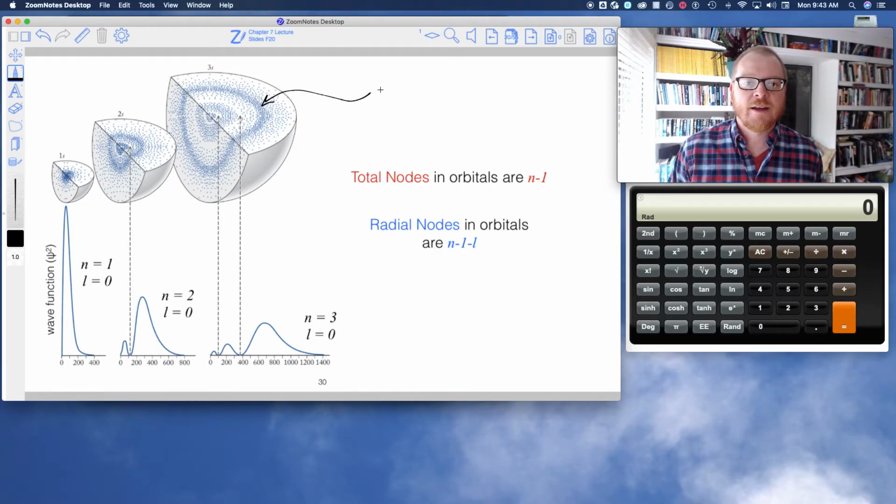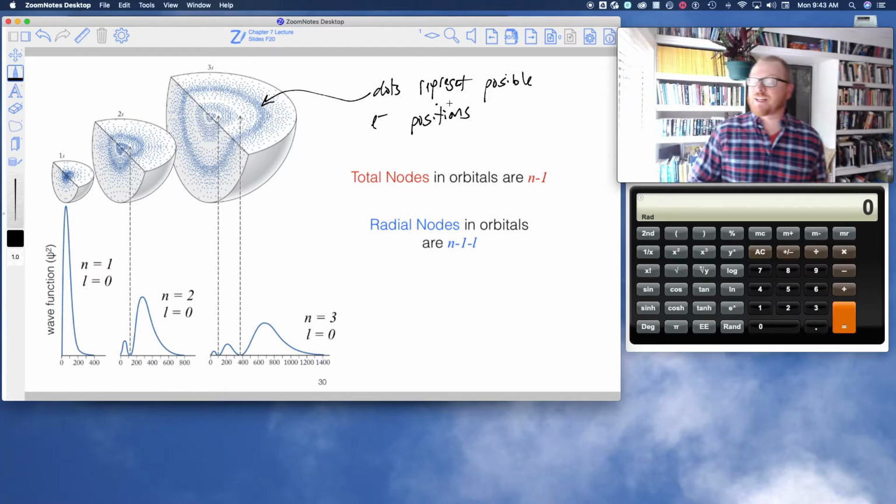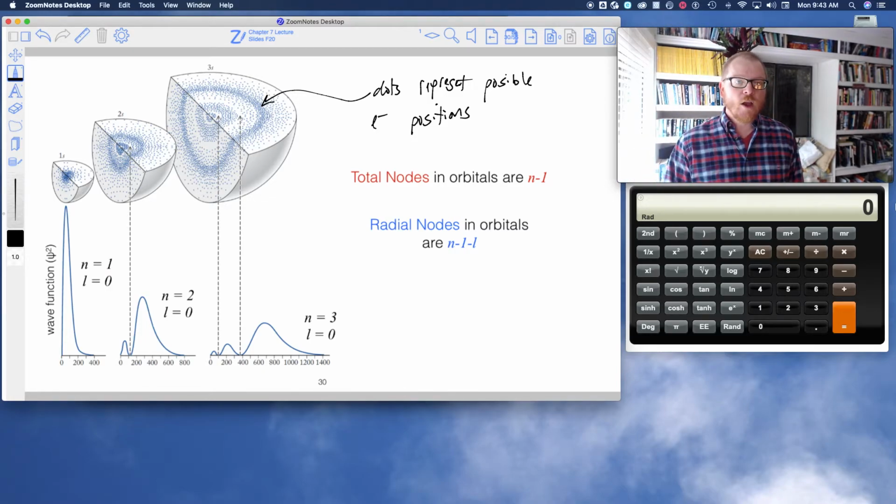So let's say dots represent possible electron positions. So if we did these calculations hundreds or millions of times, all of these little spots represent probable electron positions. And what you will notice are those kinds of onion layers.